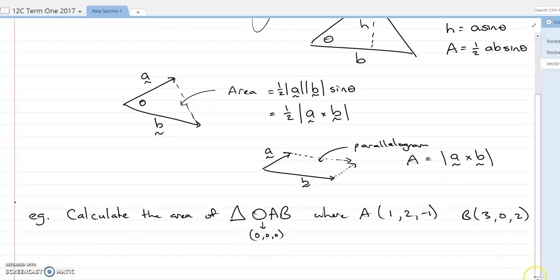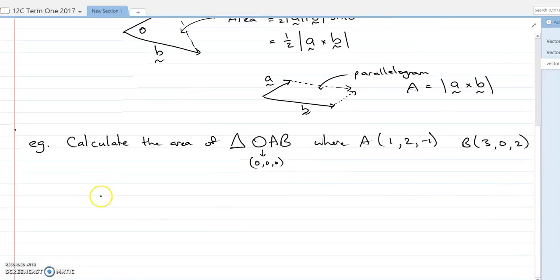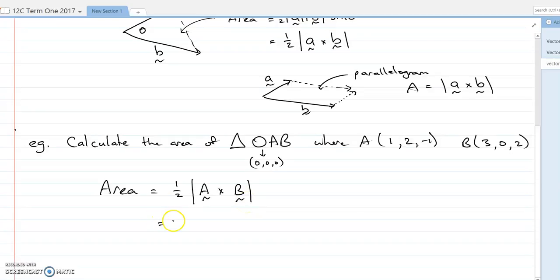Okay, so the area of this triangle is going to be half of, if we make A a vector, times the vector B, the magnitude of that.